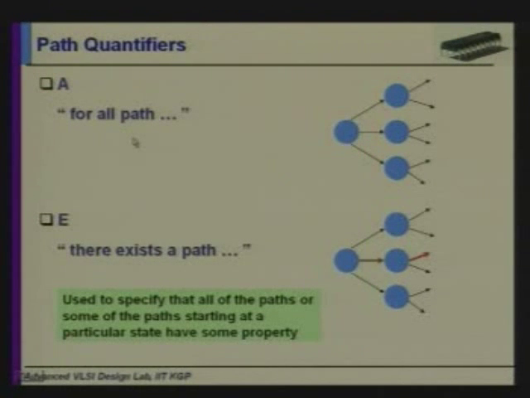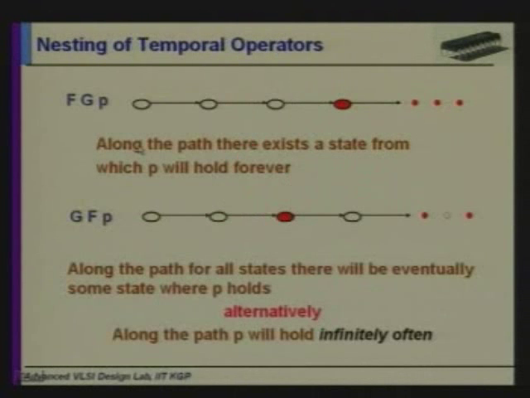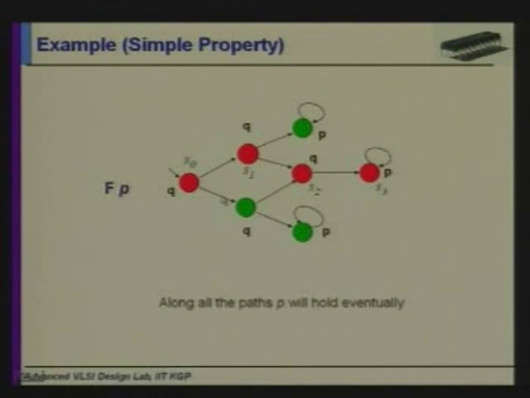In LTL, the implicit assumption is that the property has to hold on all paths, as I showed here. Like for future p, if it has to be true, then it has to be true over all paths. So that is the notion of linear time.